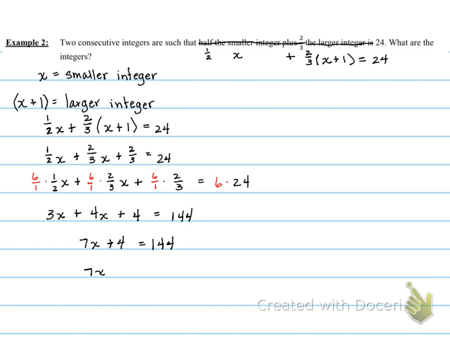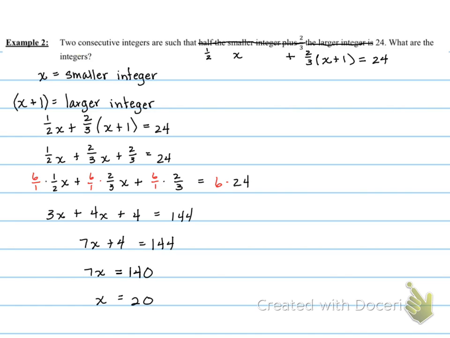Subtract 4 from both sides, and divide both sides by 7. So x equals 20. What did I just find? Smaller digit. Yeah, we found the smaller number.